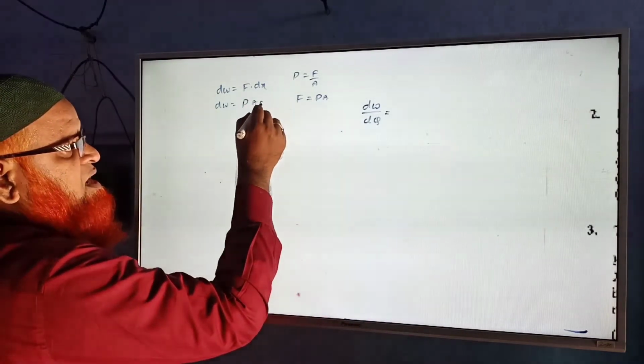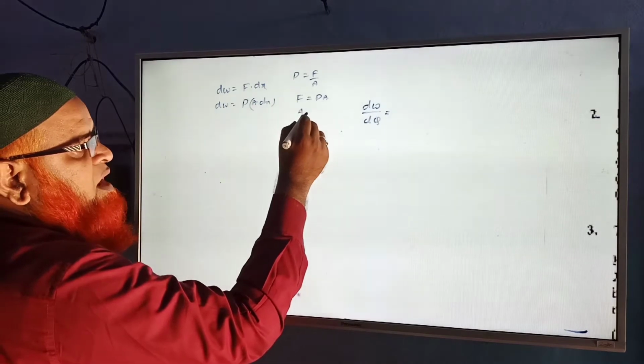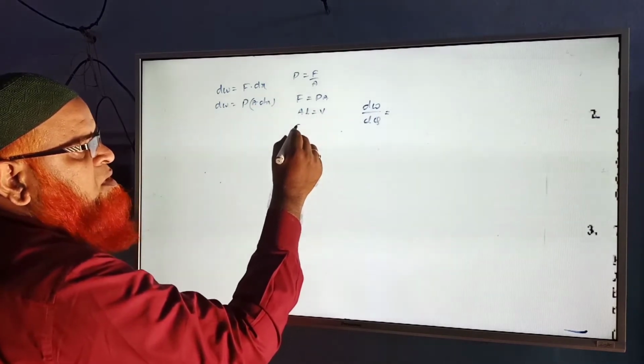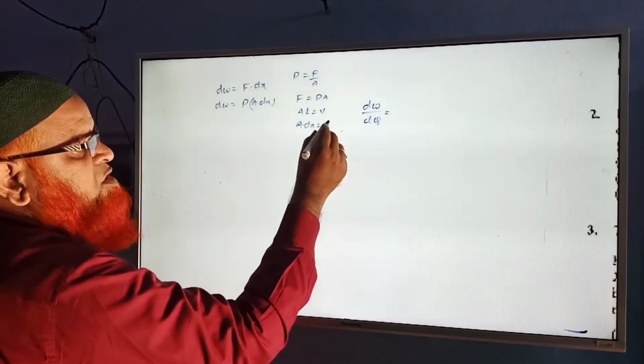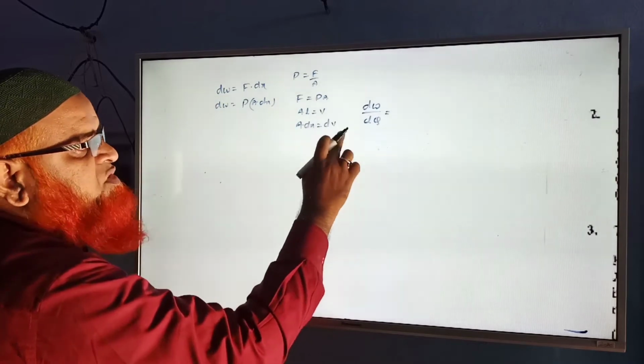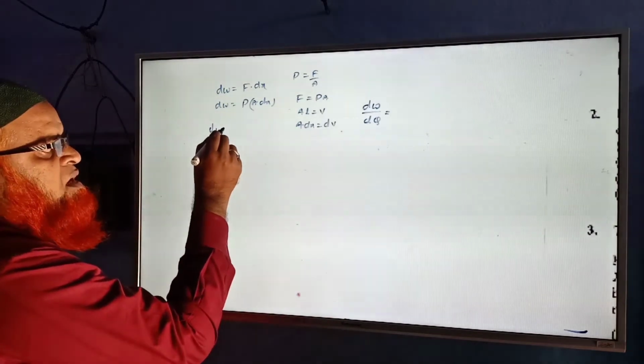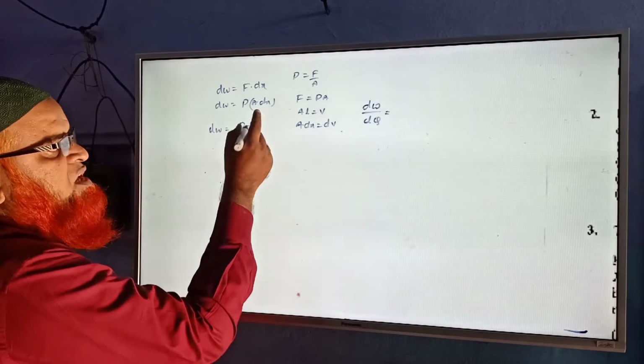So pressure into area into dx, and you know area into length is equal to volume. So here area into dx means dV. Therefore dW is equal to P into dV.